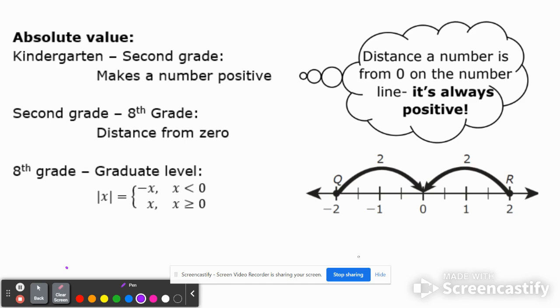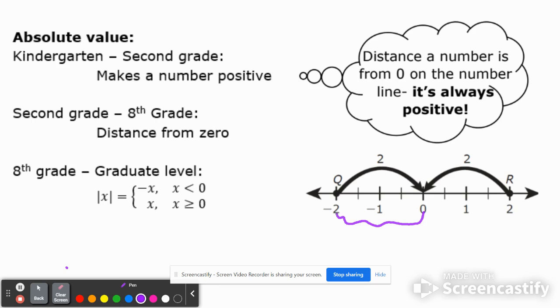You can draw out a number line and say, even though this over here is -2, can we actually count distance as a negative number? They're usually like, no, because distance isn't negative. You can talk about that usually till 8th grade.